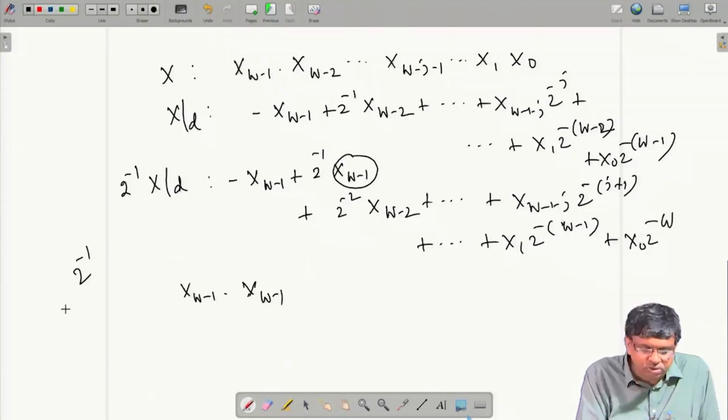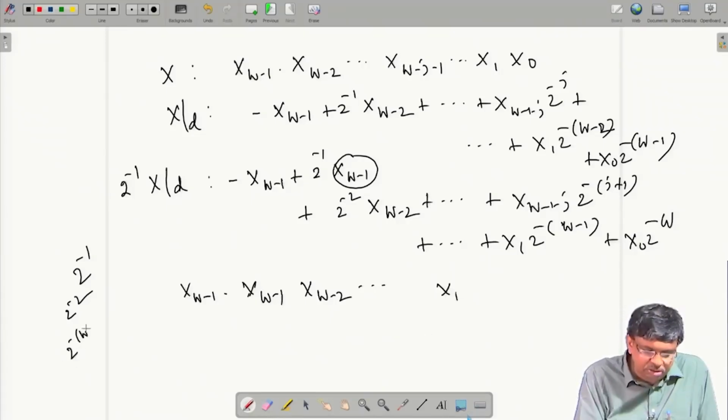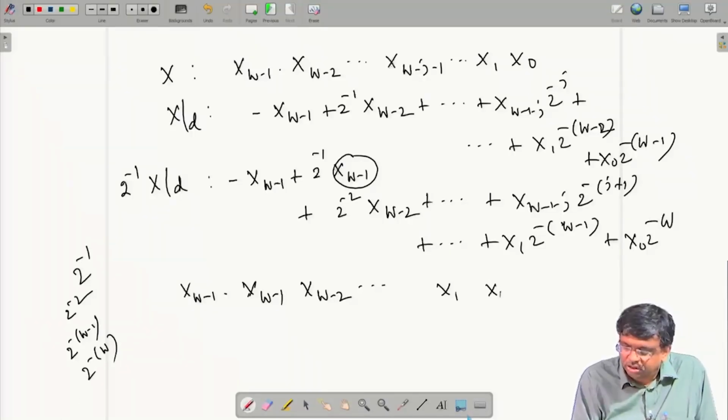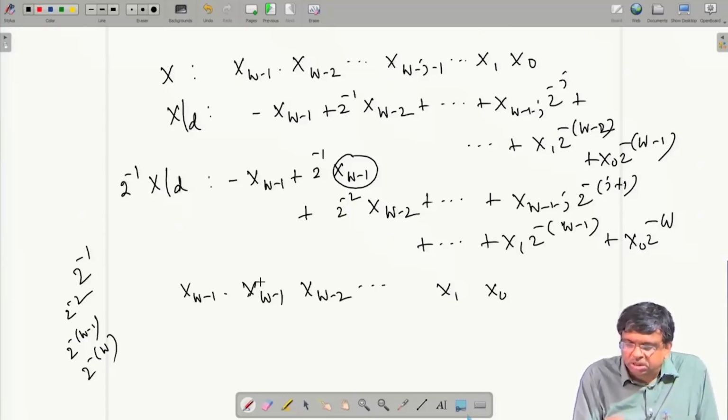Next will be the one associated with 2 inverse 2, that is this. Like that, finally x 1 is coming with 2 to the power minus w minus 1, and then x 0 with 2 to the power minus w, and then x 0 here. So, size has gone up because this has got repeated. Earlier size was w, now it is w plus 1.